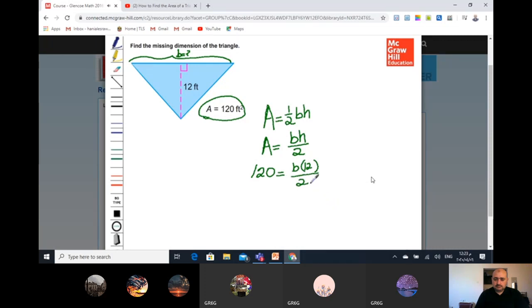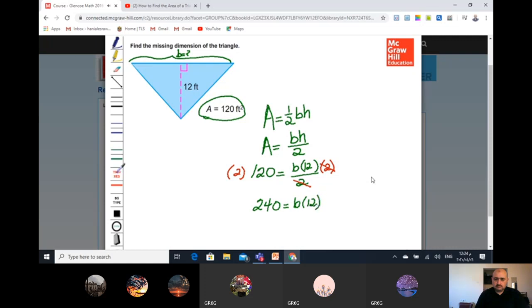Now I realize that there's only one variable left in this equation, and so that's easy to solve for. The first thing I'm going to do is multiply both sides of the equation by 2, because multiplying and dividing by 2 cancel each other out, and we're left with 240 is equal to b times 12.